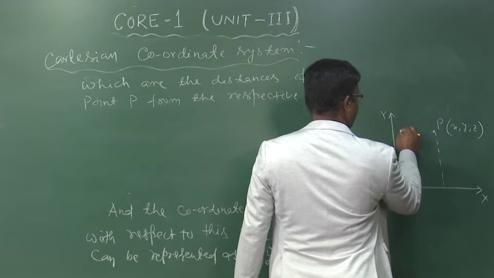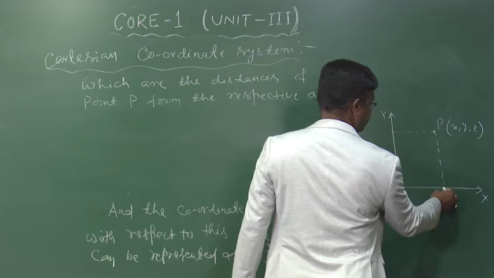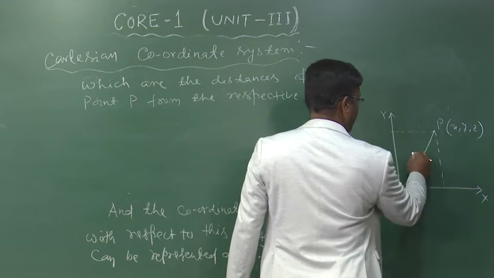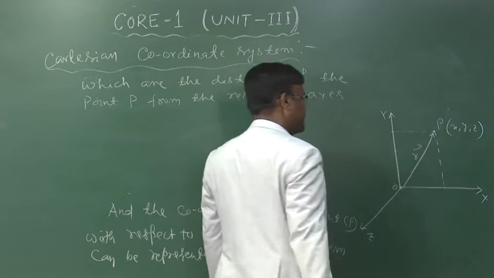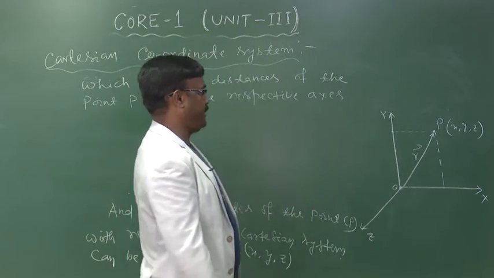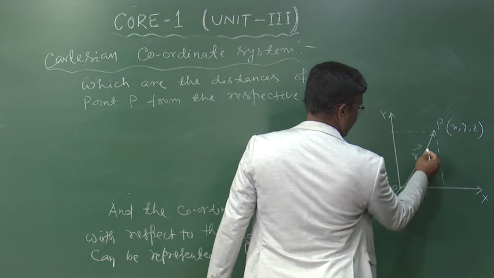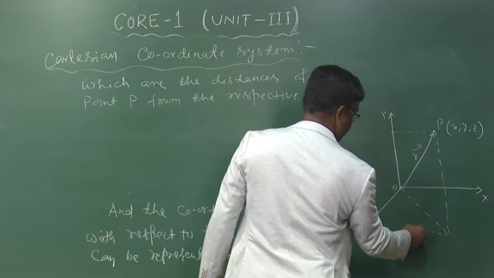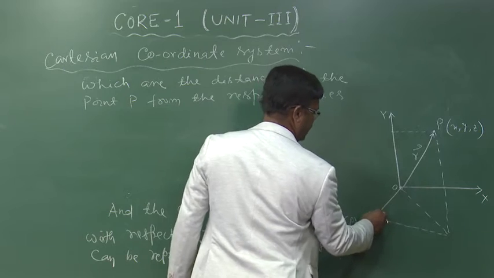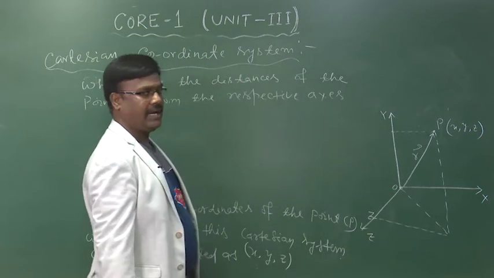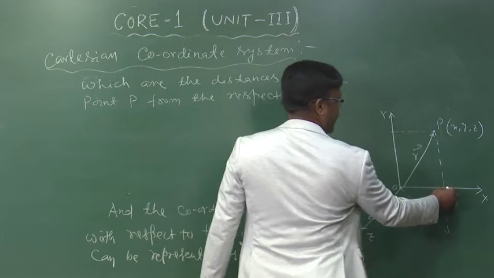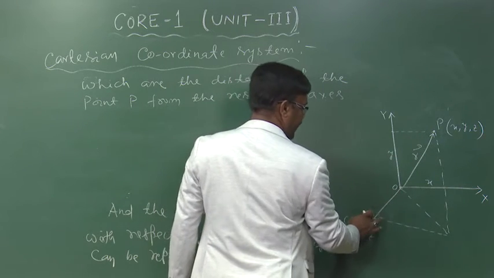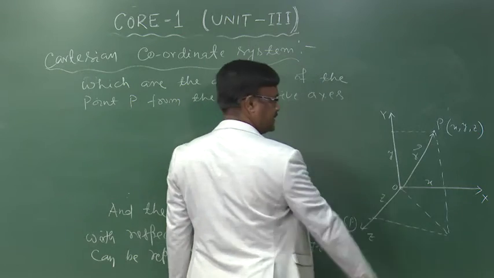If perpendiculars are drawn from this point, and if this is the position vector of the point P, written as r, then this can be written as x, this is y and this can be written as z.